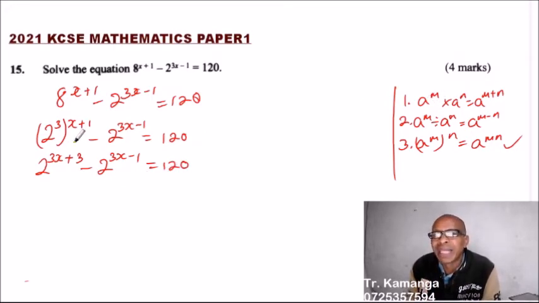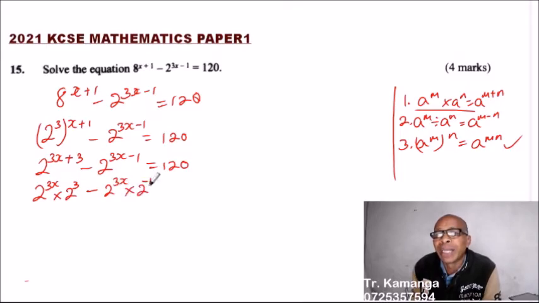We can separate this using the first rule of indices. So we can read this as 2 to the power 3x multiplied by 2 to the power 3, minus, and we do the same to this, 2 raised to the power 3x multiplied by 2 raised to the power minus 1, is equal to 120.